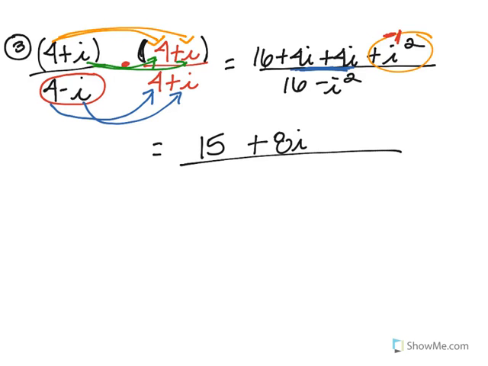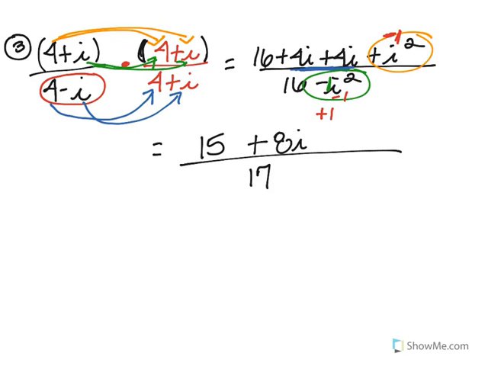So keep in mind there's a negative 1 already in front of the i squared. So when you take that negative 1 and multiply it times another negative 1, that's going to make the whole thing just be a what? Plus 1. So 16 plus 1 would give us 17.